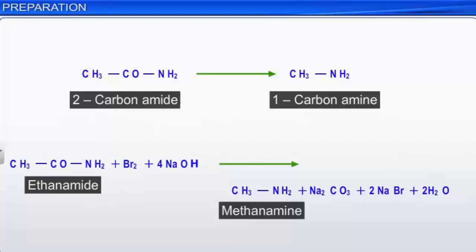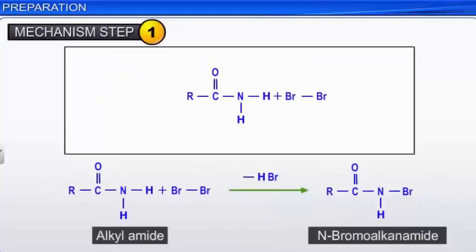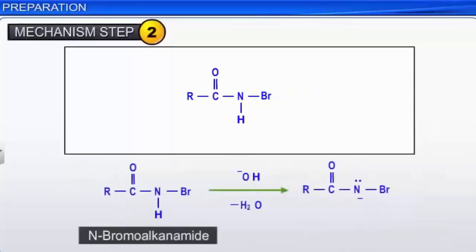Let us look at the mechanism of the reaction. As you can see, the first step involves the halogenation of amide to yield N-haloamide. The second step is the abstraction of hydrogen ion by the hydroxide ion. This results in the development of a negative charge on the nitrogen atom.